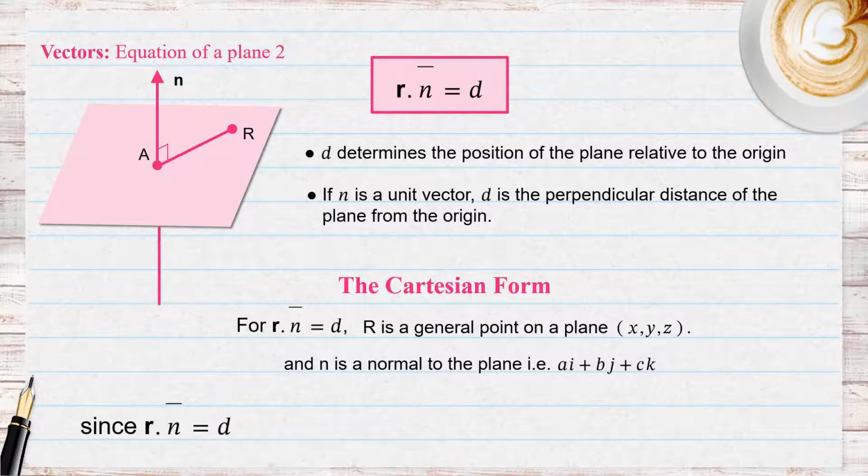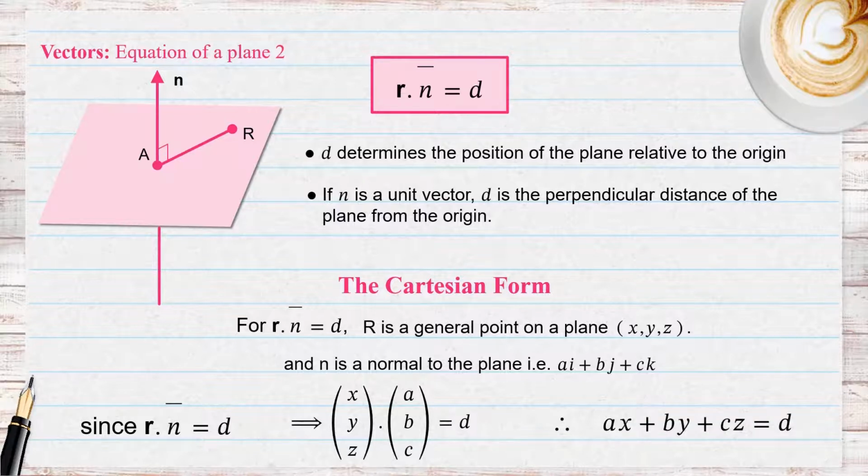Since r · n = d, we have (x, y, z) · (a, b, c) = d, which eventually gives us the Cartesian form, ax + by + cz = d. So this is the Cartesian form of the equation of a plane.